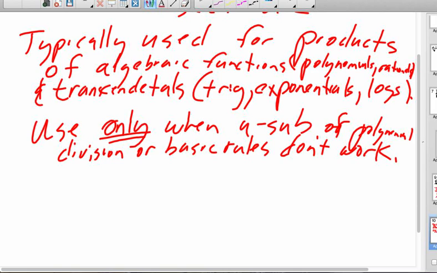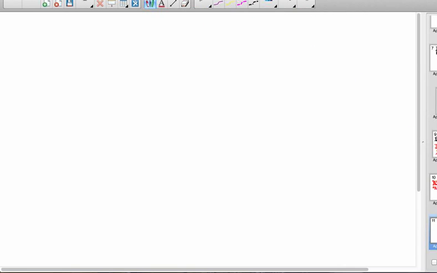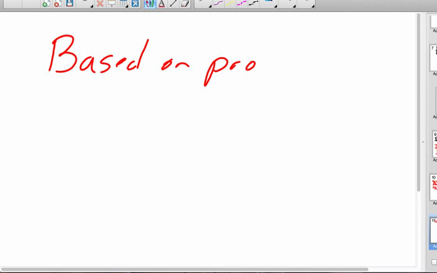Okay, so here's what. Well, before I do that, integration by parts is like all integration techniques, they're related to derivative techniques, and this is based on the product rule, since we're dealing with a product.